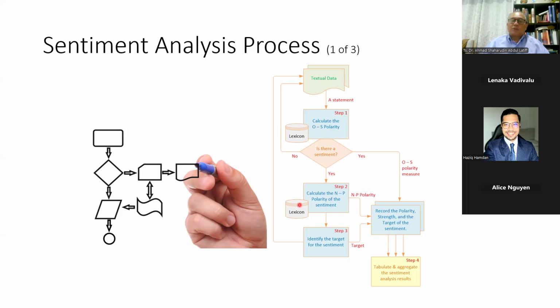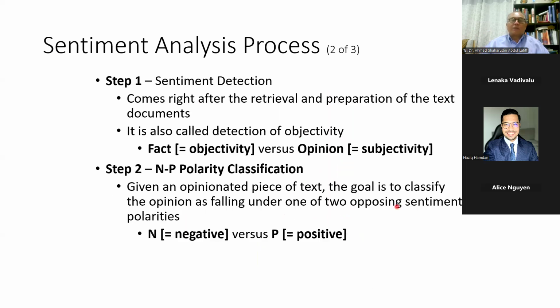Same goes, we will look into the lexicon here and determine whether there is a negative or positive polarity. Then they identify the target for the sentiment. And then we tabulate and aggregate the sentiment analysis result, showing the polarity and target of the sentiment.